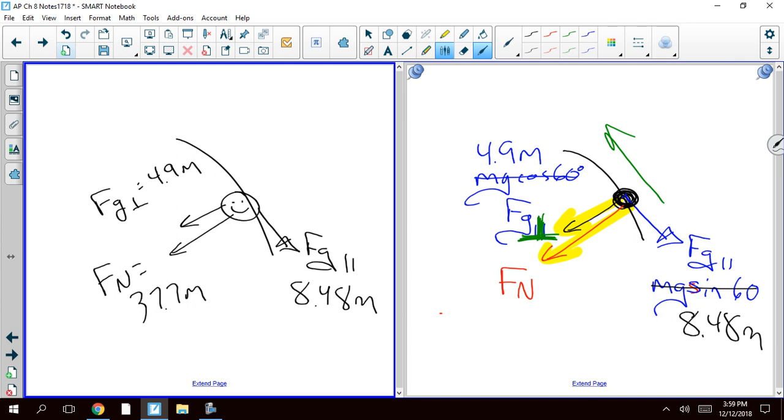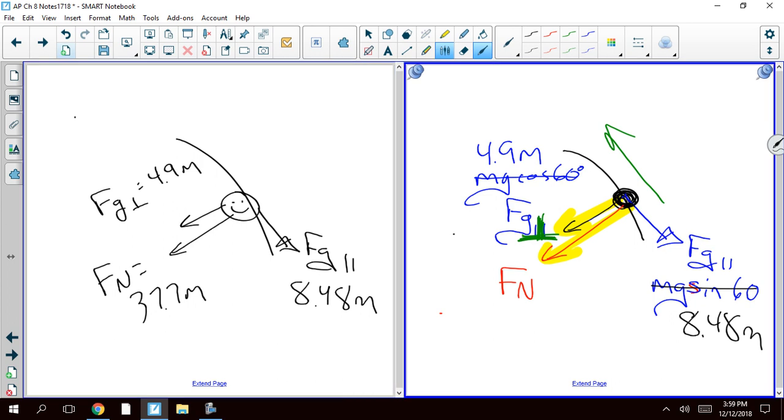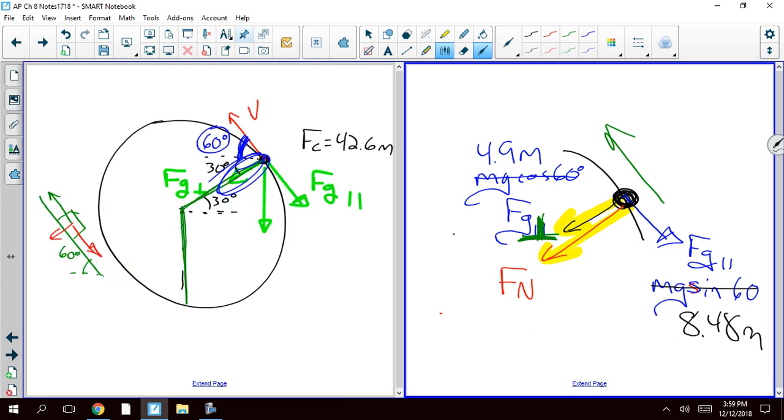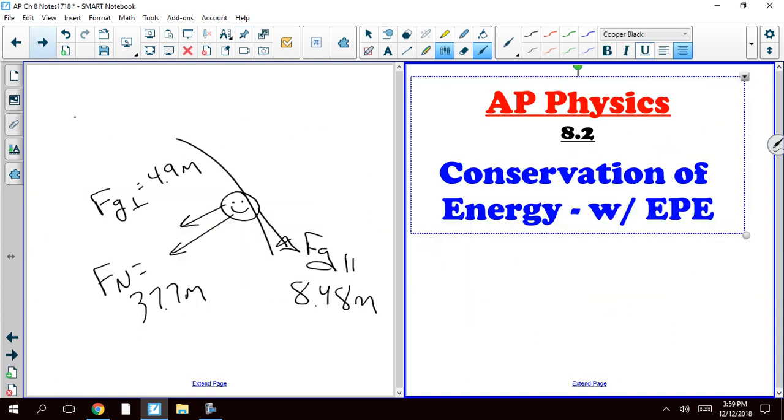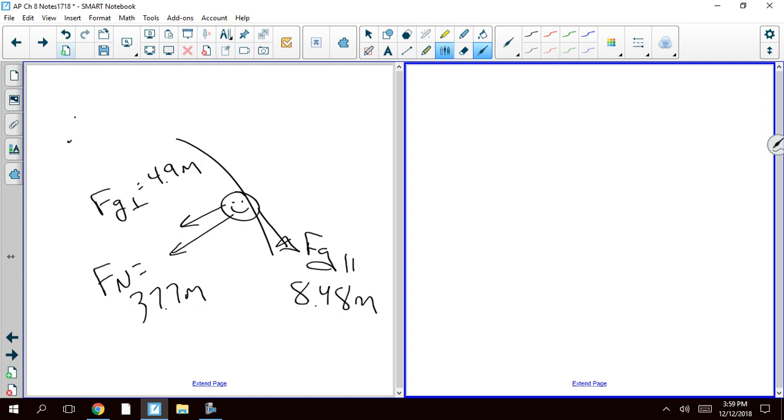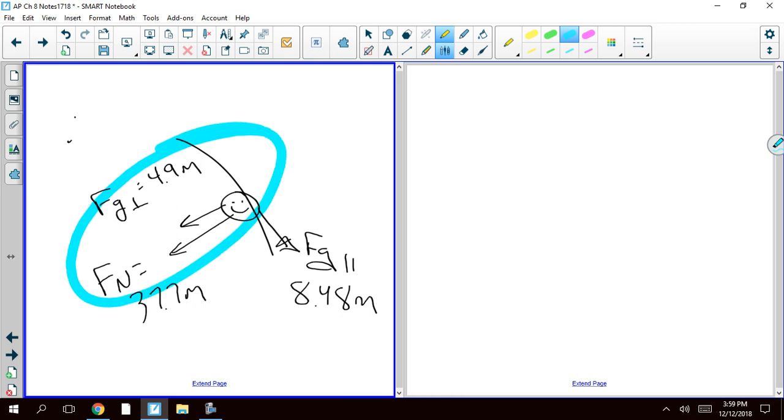So now to find our acceleration, well, there's two types of acceleration. Unpin this. Just lost my drawing. There we go. So there are two types of acceleration. There's centripetal acceleration, right?